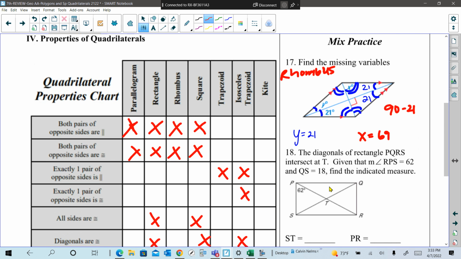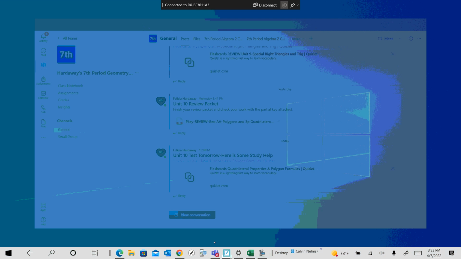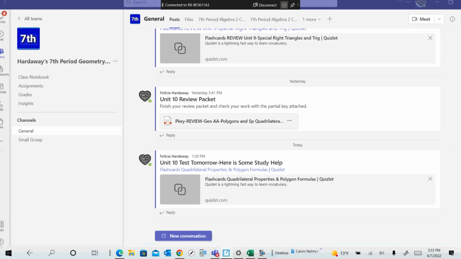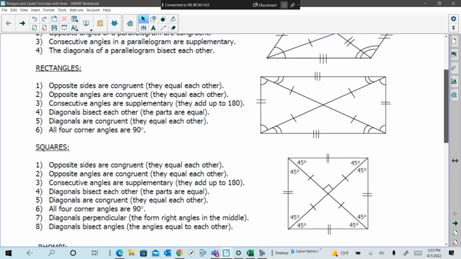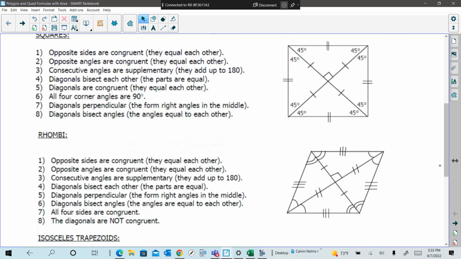Okay, if you need an explanation for our answers here, starting with the rhombus, I did this in class. I did my markings. I look at the rhombus, and I knew it was a rhombus based on the markings that I saw, which was the box in the interior.